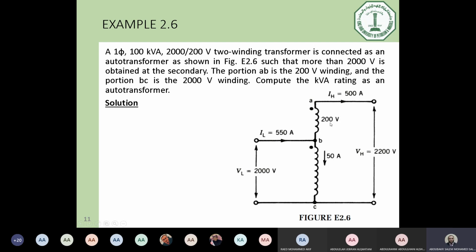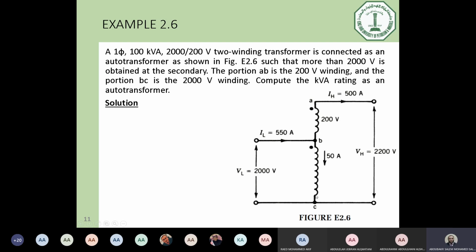If we connect this transformer in such a way, here are the 2000 volt turns, and here are the 200 volt turns. So this is N1 and this is N2, and we add N2 on top of N1. So we added the low voltage coil on top of the high voltage coil now.